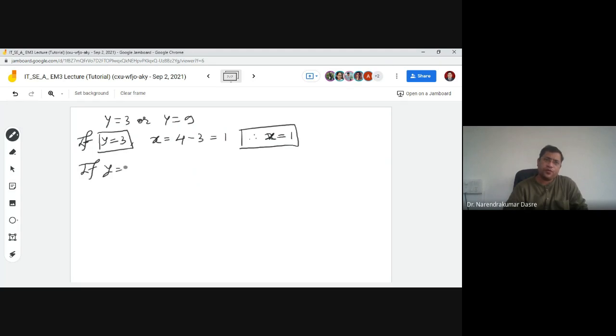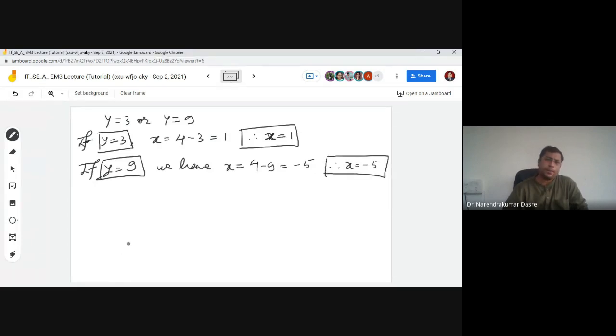Now if y is equal to 9, then x is 4 minus 9. So we got minus 5, and hence x is equal to minus 5.